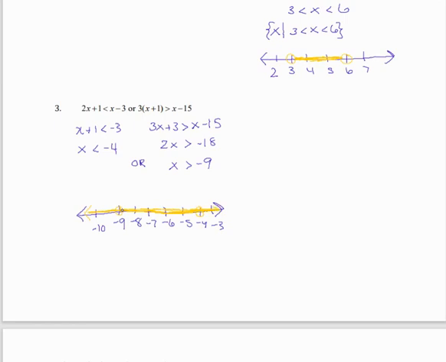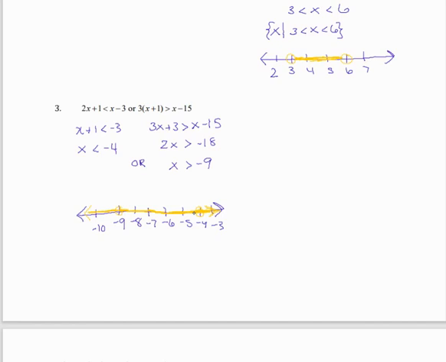So notice what I have here, okay? I'm going to actually get rid of these open circles, right? I don't need the open circles at all. I'll just fill them in because, sorry, technical difficulty there, because we can include those.